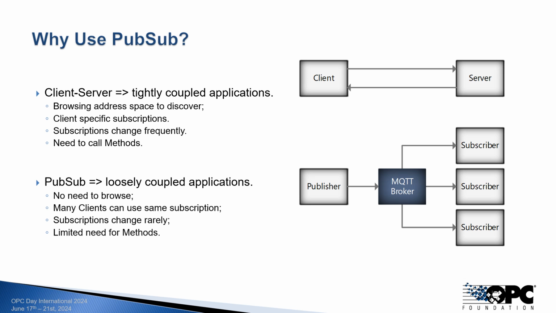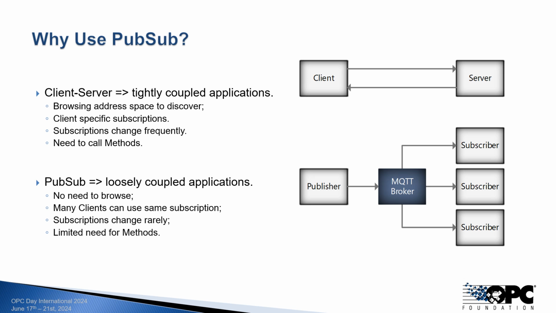And there may be a need to call a number of methods in a tightly coupled fashion where you're doing some more complex orchestrations. All of these are characteristics of systems that benefit from the one-to-one connection that you get from client server.